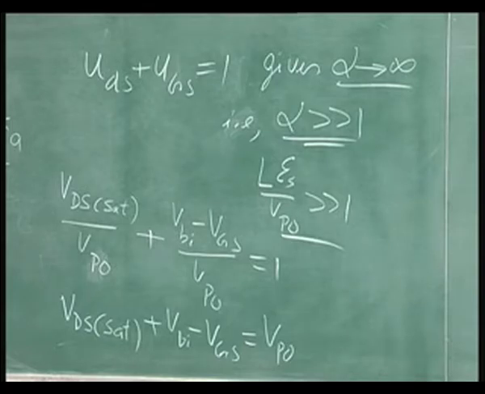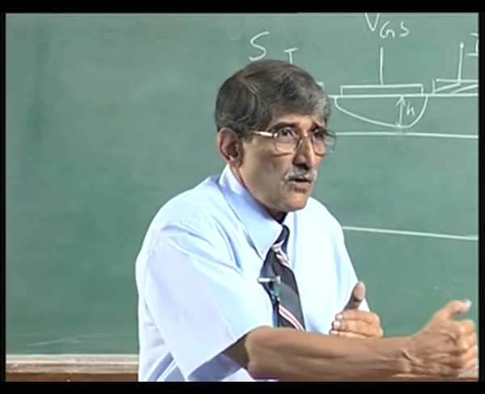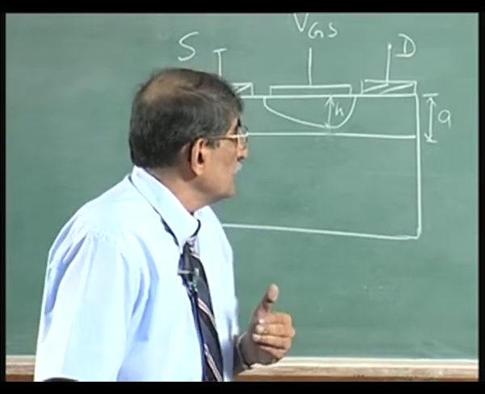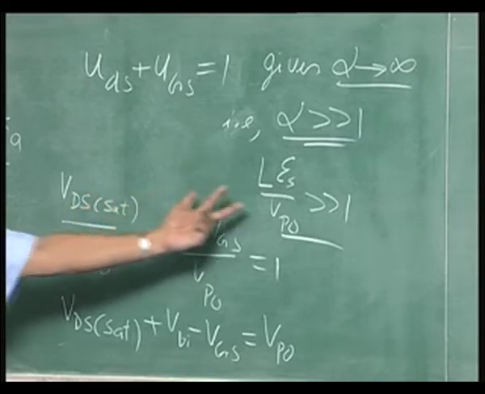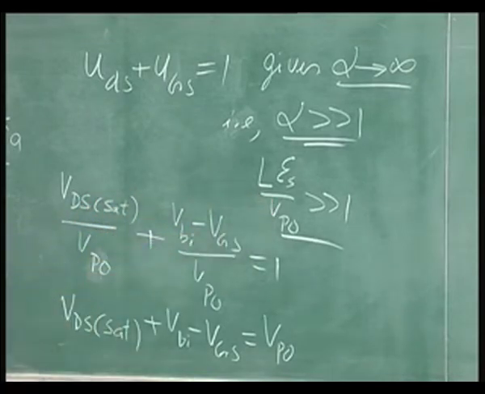So, what we are telling again is, if the channel length is long, by the time you reach that field there, let us say Es is a field, average field, L into E field.